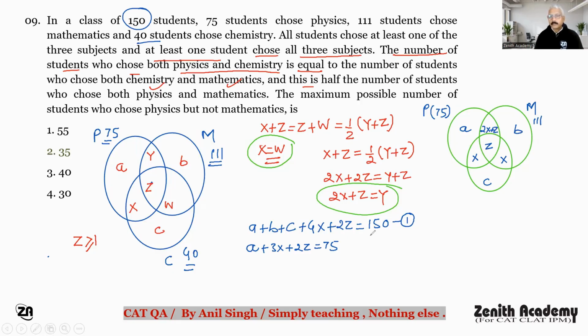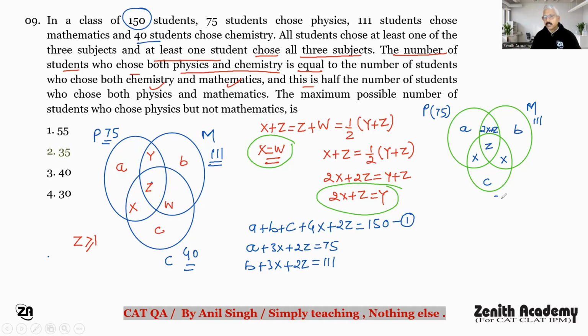And math, 111. So B plus 2X plus X, 3X and 2Z. B plus X plus 2X, 3X plus 2Z. Okay, it is 111.